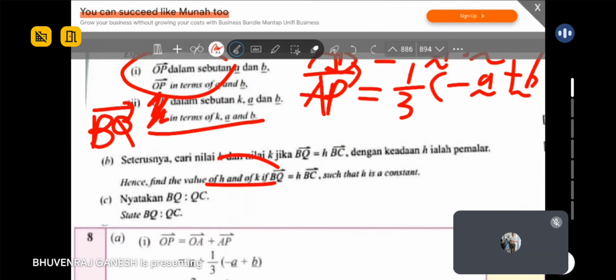They ask you to find H and K, guys. Okay, guys. Bila suruh cari H dan K, maksudnya guna konsep apa, guys? What concept? Konsep yang biasanya kamu guna kalau nampak dua pemboleh ubah, two unknowns, means that what concept, guys? May I know? Konsep apa kamu guna? Yes. Concept, guys.